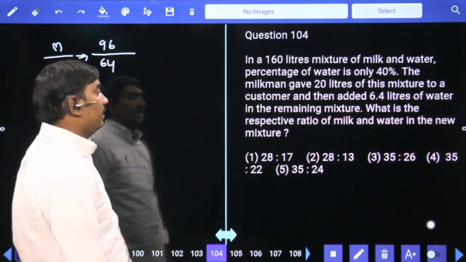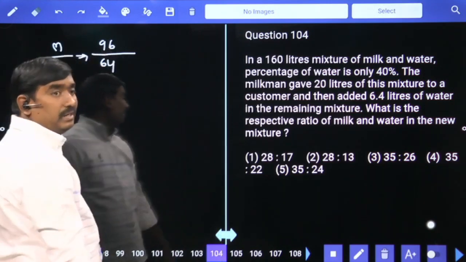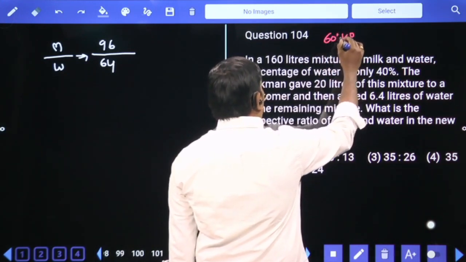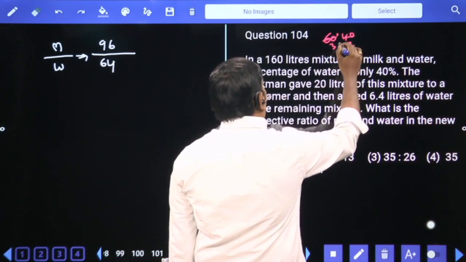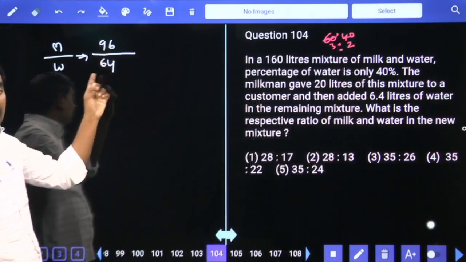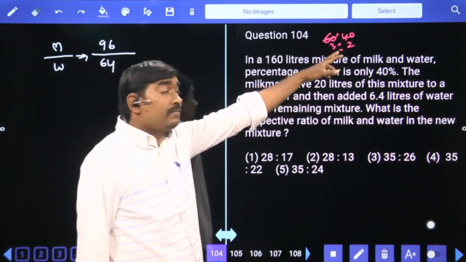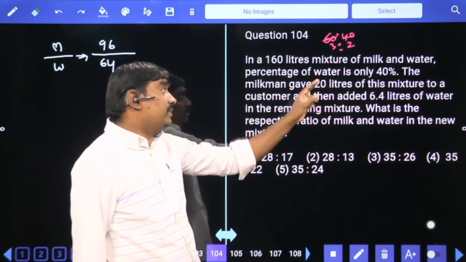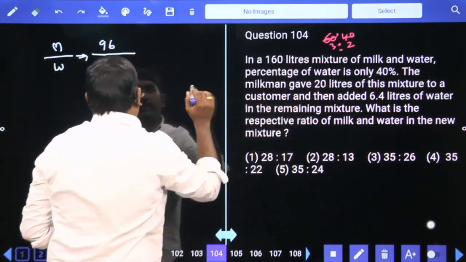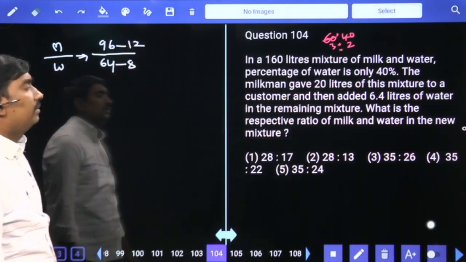So 20 liters also drawn in the ratio of 60:40, 3:2. 3 plus 2, 5 parts value 20 liters, 1 part value 4 liters, 3 parts value 12 liters, 2 parts value 8 liters were drawn off.